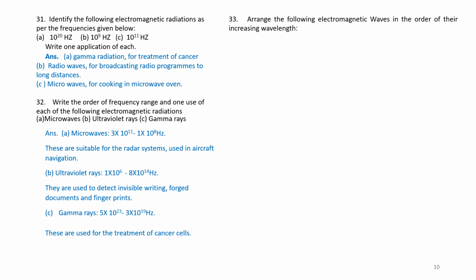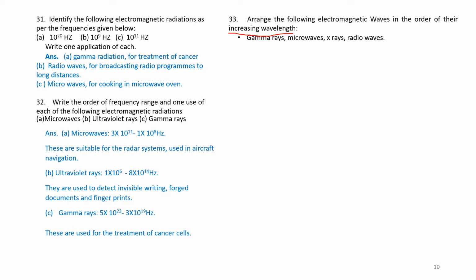Question number 33. Arrange the following electromagnetic waves in the order of their increasing wavelength. Please note, increasing wavelength. Gamma rays, microwaves, X-rays and radio waves.